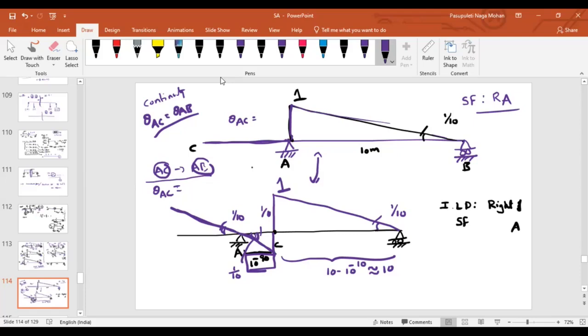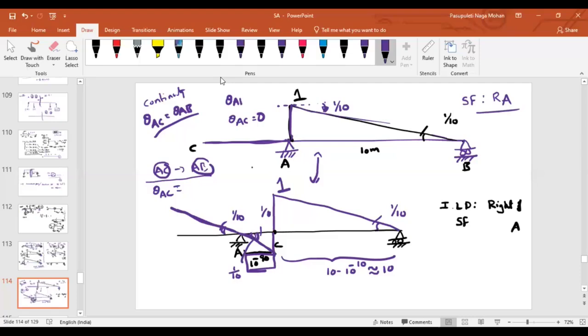Original. As of now, we haven't done anything with AC. It is as it is. So what is the slope there? If it is not deflected, then what is the slope? 0. What about the slope of AB? Can I say this is my slope of AB? Can you tell me what about this magnitude? 1 by 10? Yes.